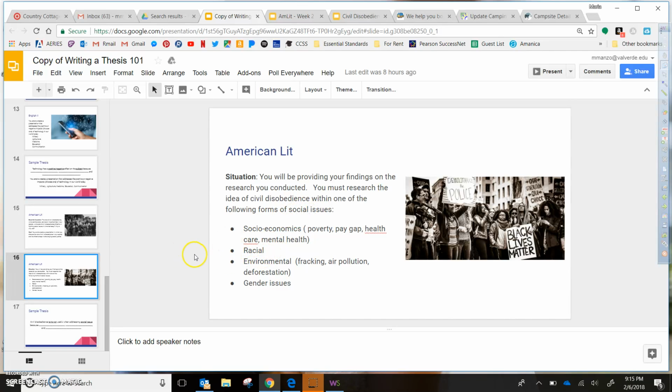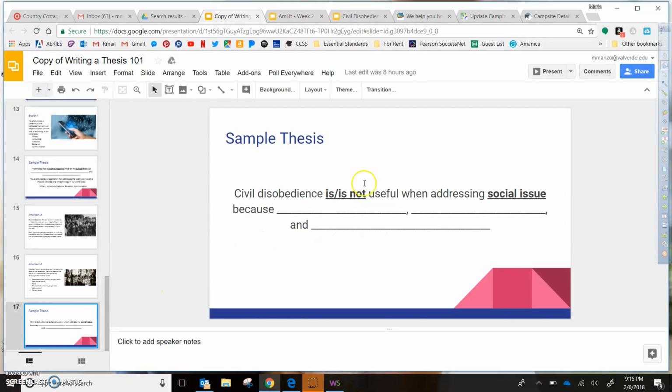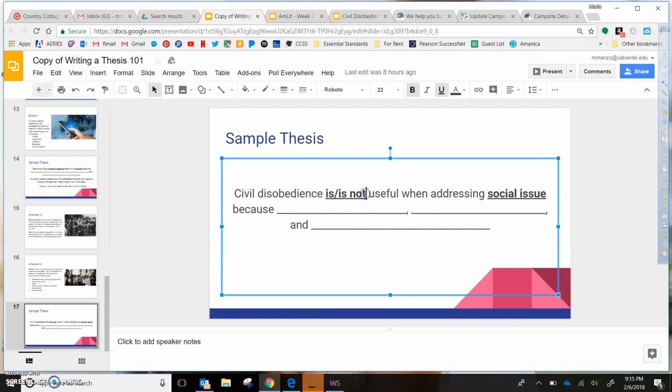I'm going to say that civil disobedience is useful when addressing racial issues, and then you have to come up with your 3 reasons why. So these 3 reasons are coming from you.